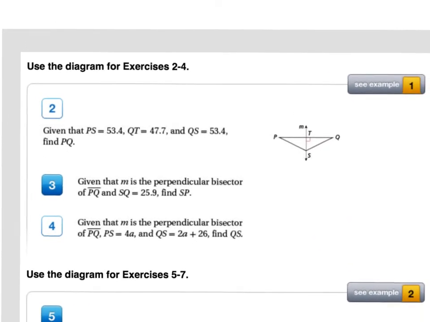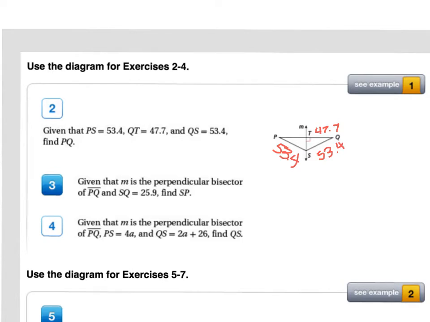Given that PS is 53.4, and QT is 47.7, and QS is 53.4, find PQ. So why is it telling you that, why do you have two segments of the same? It would be true because PS is congruent to SQ. Good.